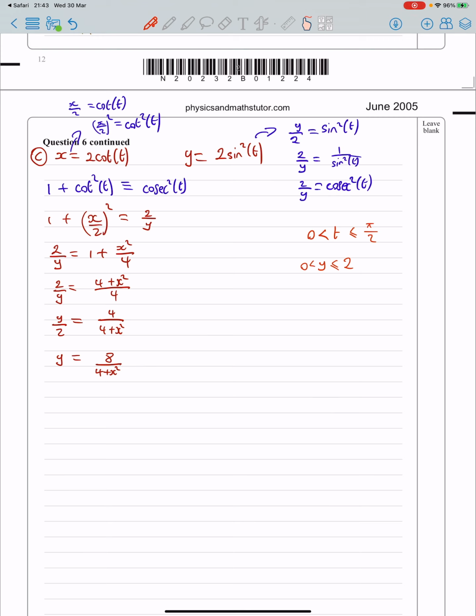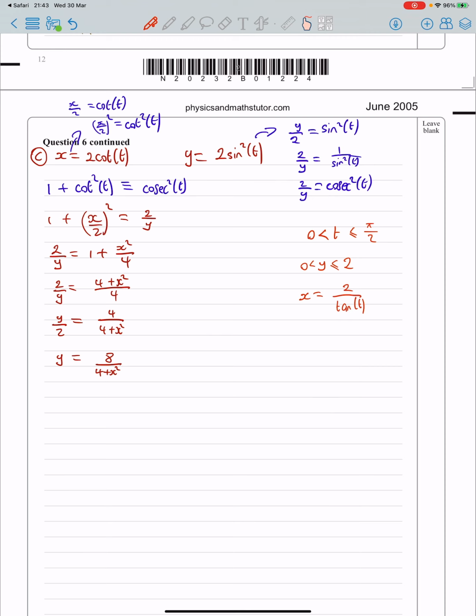For x in particular, though, that's where things are a little bit different. So x equals 2 cot t, which is the same thing as 2 over tan of t. So, okay, now we understand why t couldn't be equal to 0, because you'd be dividing by tan of 0, which is 0.